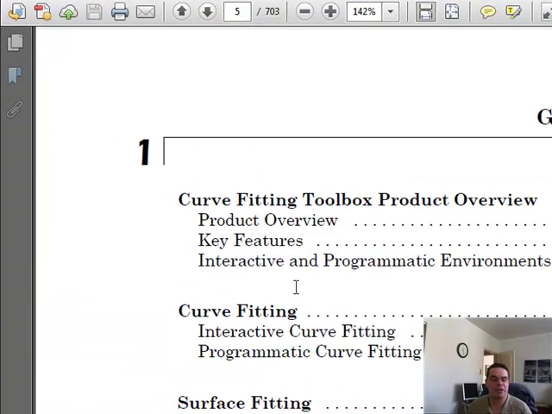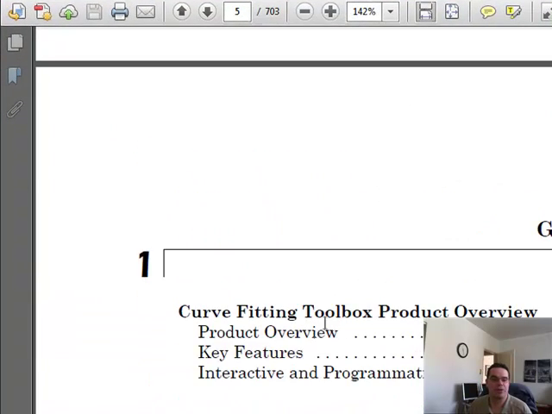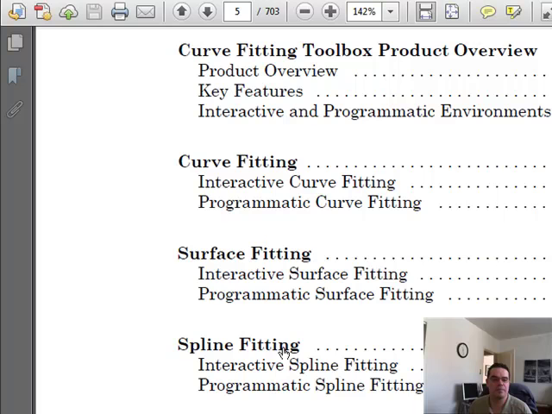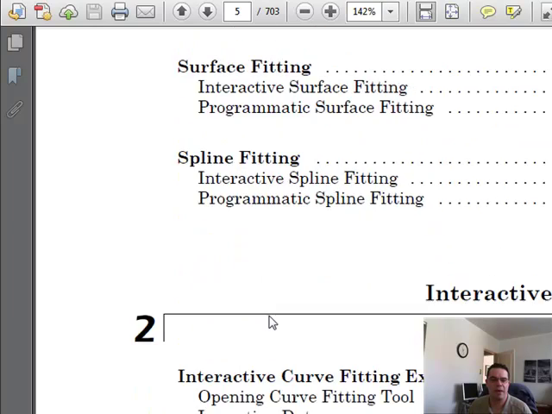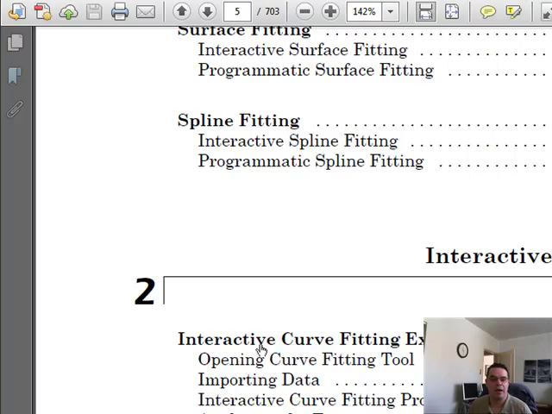All right. First, we're going to talk about just the curve fitting and surface fitting. I really like this one a lot. Spline fitting I'm not too familiar with, but I'll try to get into that because there's a separate toolbox for splines. But there's potential with this, but I'll figure that out later on.